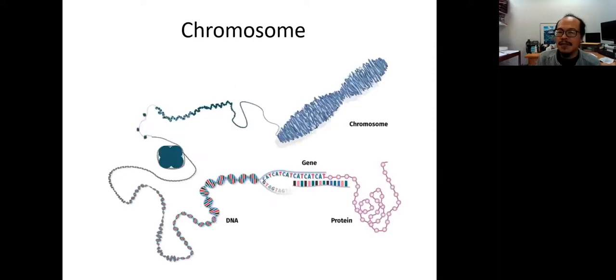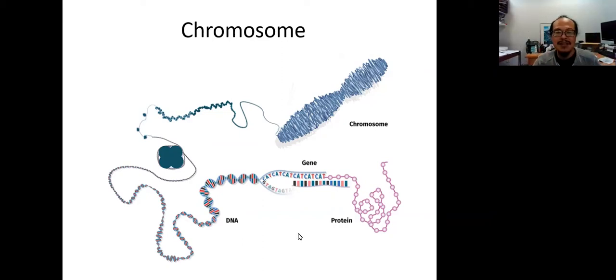So this is a typical view, from micro to a little bit macro, but still micro, from the DNA sequence, the chemical structure, into the chromosome. We know that these chromosomes are basically one single string of the DNA double strand, right?